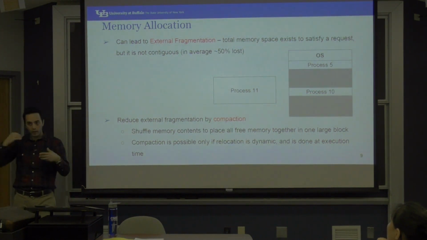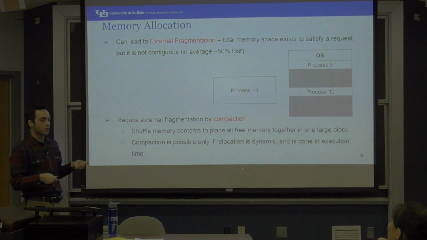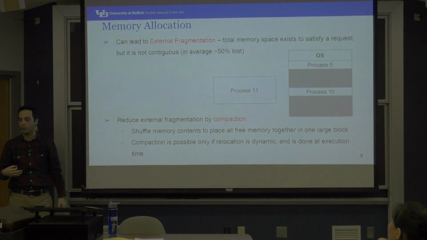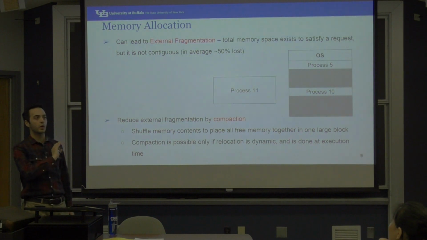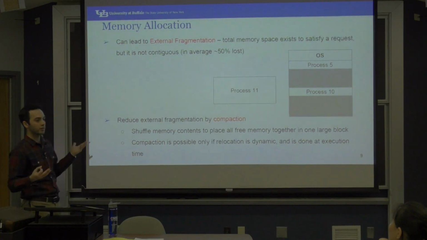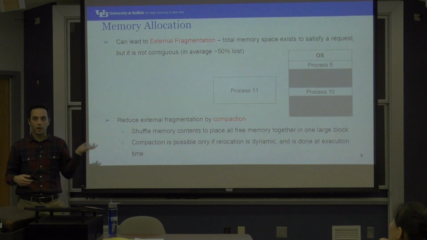Well, a lot of modern operating systems actually do it at execution time. They are capable of this. Again, some of the concepts we're talking about are not actually how operating systems like Linux or Windows work, but these are simplified concepts. All right? Any questions so far on allocation?